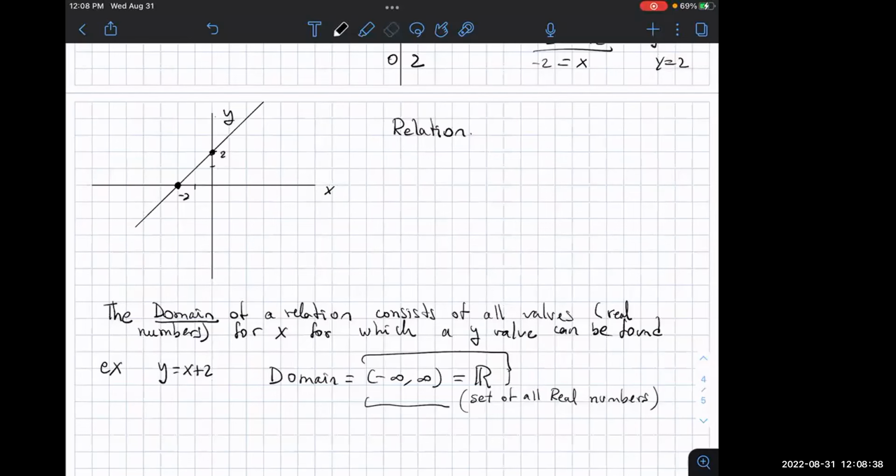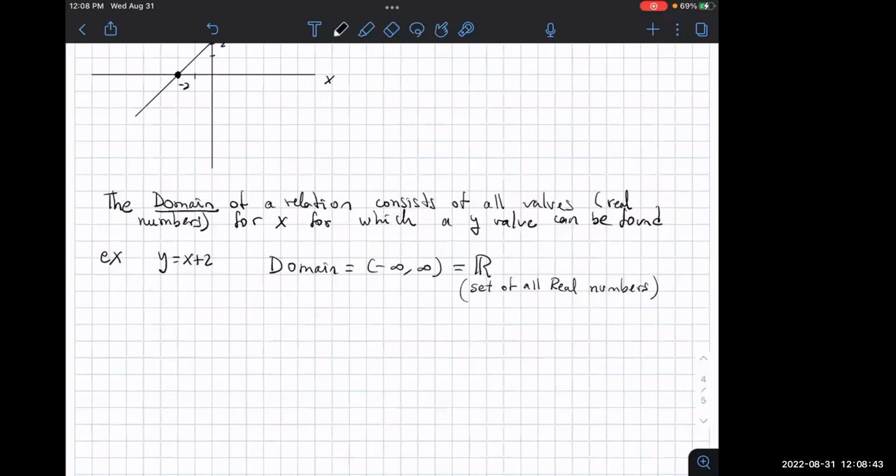Mathematicians are always abbreviating. So you have the natural numbers, whole numbers, I think it's a W, and integers, usually with the double bar.